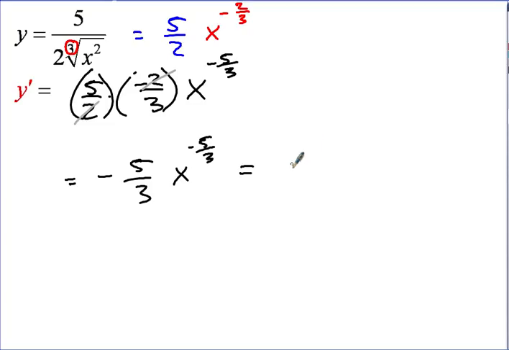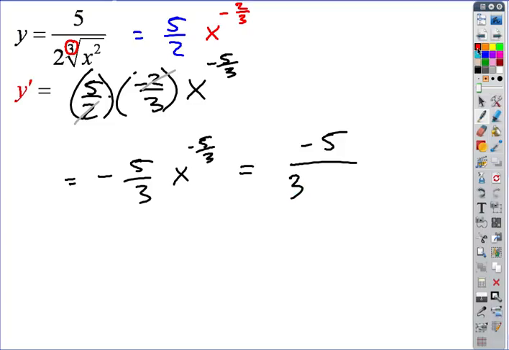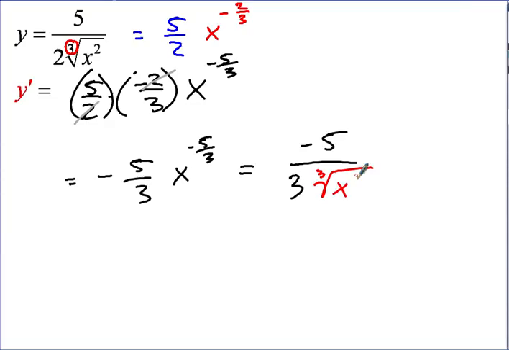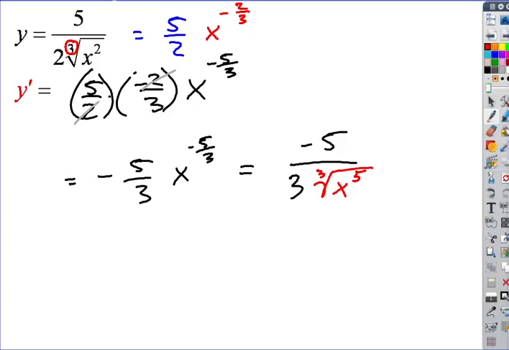Cube root of x to the fifth. Okay, so I got a negative 5 on the top, 3 cube root of x to the fifth. So then I got a cube root, if I wanted to write it that way.